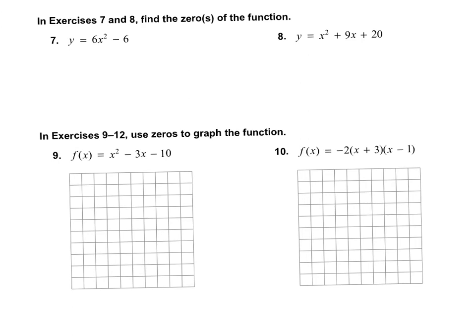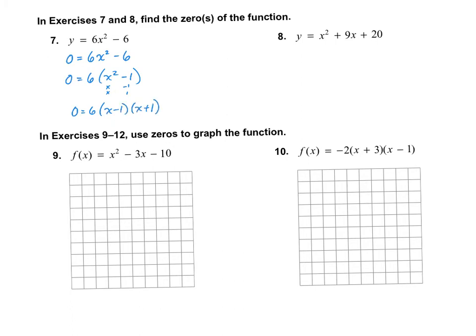All right, for number 7 and 8, we need to find the zeros of the function. So we need to set the function equal to 0. And then the easiest way to do this is to go ahead and factor it. So I noticed that I can factor out a 6, so I'm going to do that first. And now I notice that this is x times x, this is -1 times 1. So we have 0 is equal to 6, and then x minus 1, x plus 1.